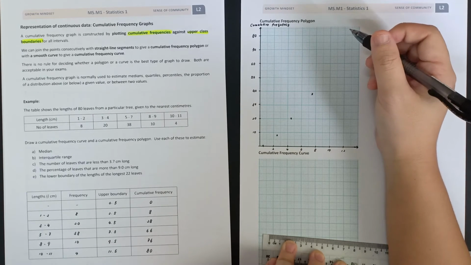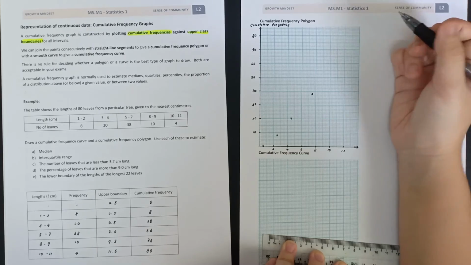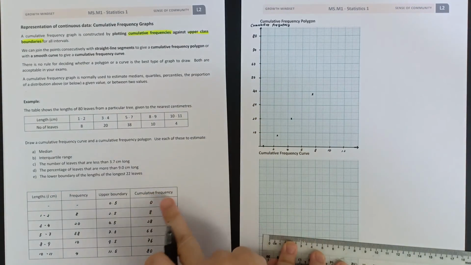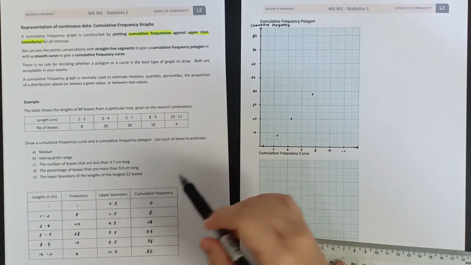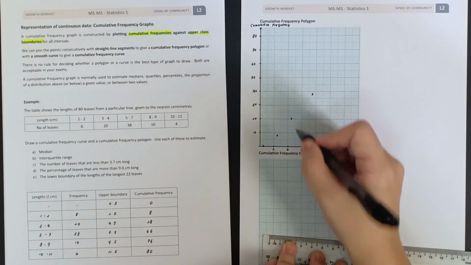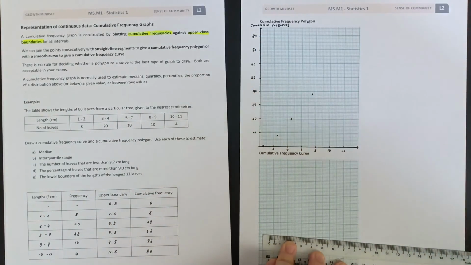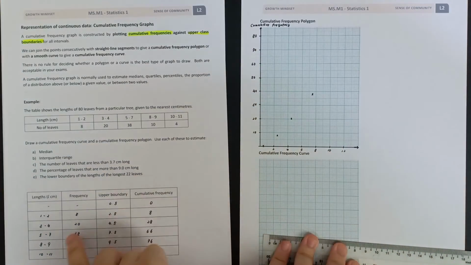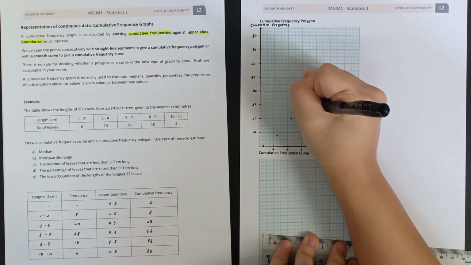Yes, I did. Oh no. I'm so sorry. I hope that you are using pencil. Okay, so you see, I used the frequency instead of the cumulative frequency. So this is wrong, okay? So this is going to be 28.